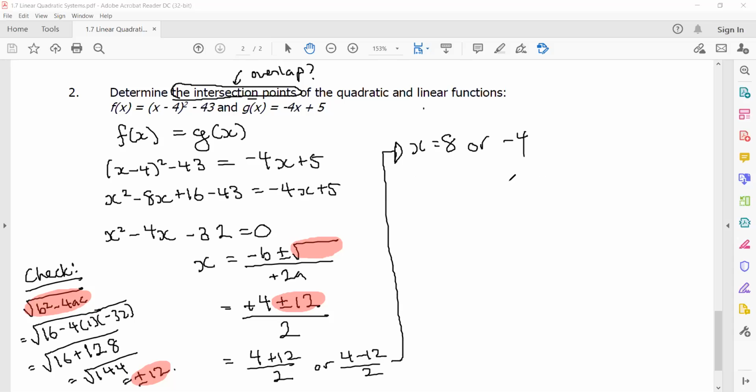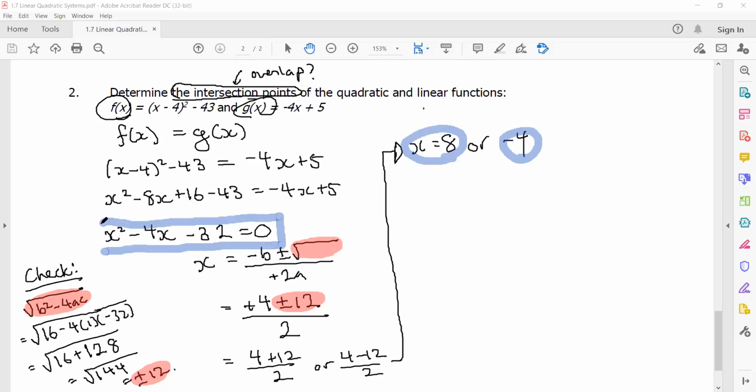We have the x's. Where are you going to find the y's? Plug it in. Right on. Which one do you want to plug it in? f of x or g of x? Whichever is easier. I'd say g of x. Let me recap what you just found in case you're doing math without understanding why. When x is an 8 or when x is a negative 4, it makes this equation true. That is when we get the 0. If it makes this blue equation a 0, that means it makes this equation true.